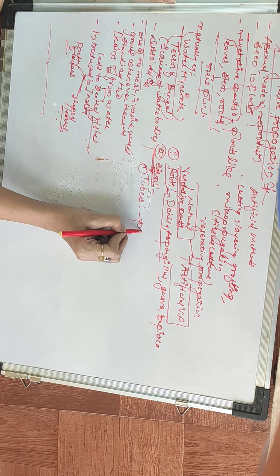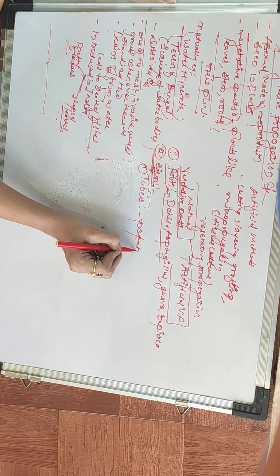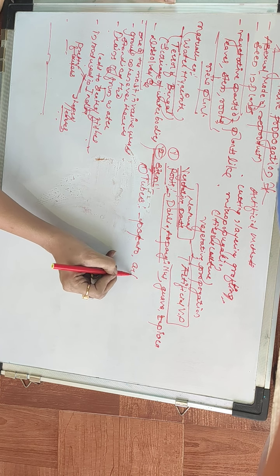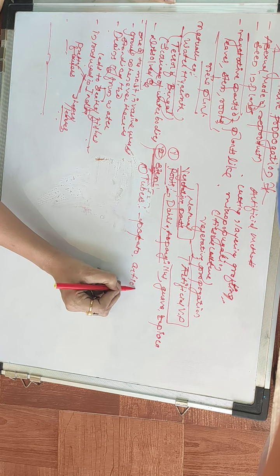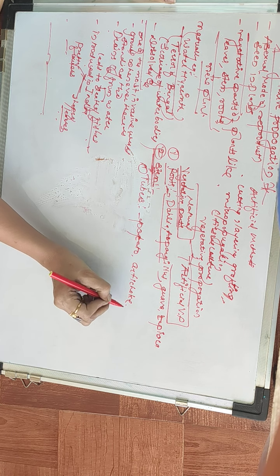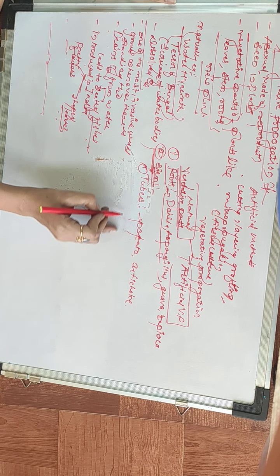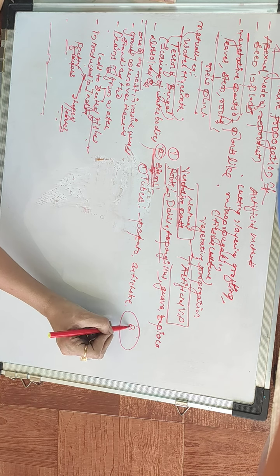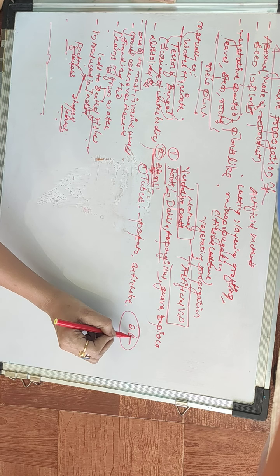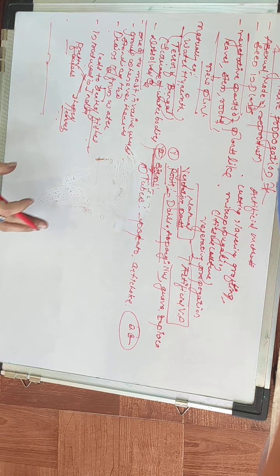So an example of tuber is potato and artichoke. These are two examples of tubers. From this eye a new plant is formed, that is called tubers.